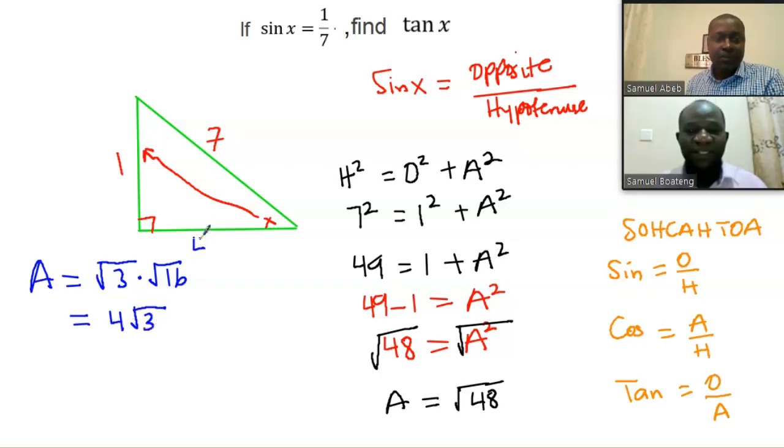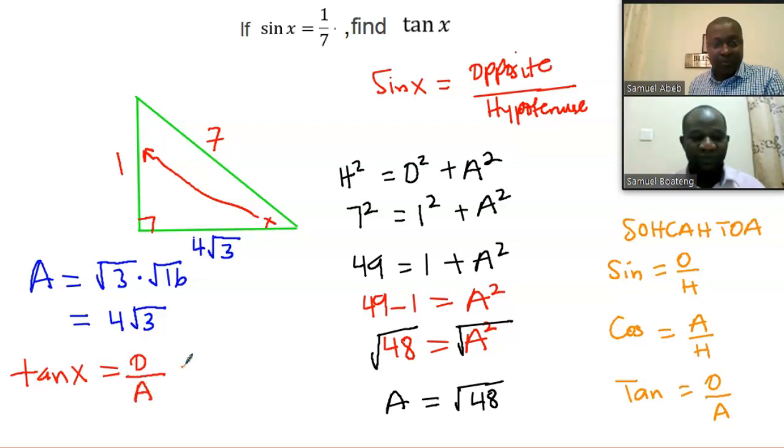We have been asked to find tan x. Tan is opposite over adjacent. From the diagram, the opposite side is 1 over 4 root 3. You don't end here. Anytime you have a surd at the denominator, make sure you rationalize.